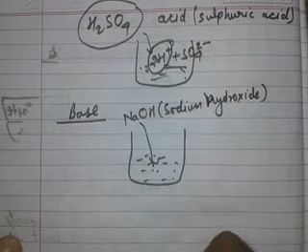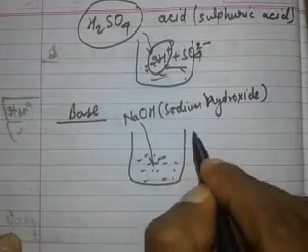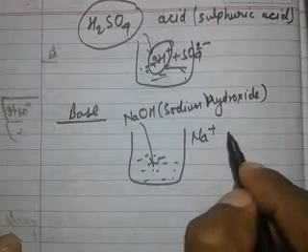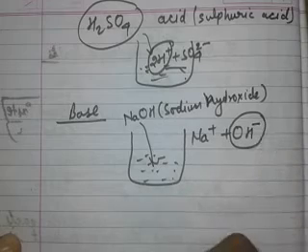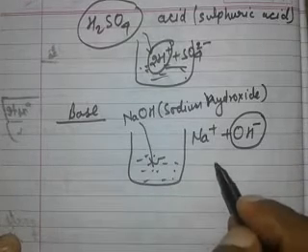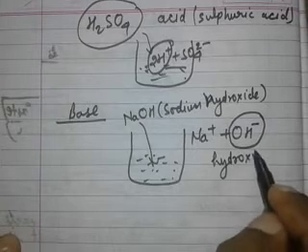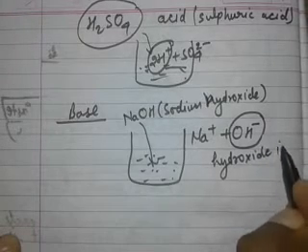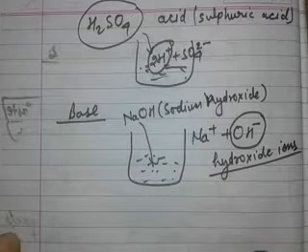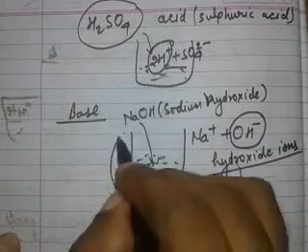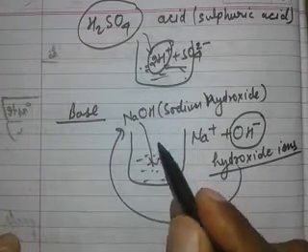It goes into the water and breaks down into Na plus and OH minus. These OH minus ions are called hydroxide ions. These hydroxide ions represent that the given substance is a base.